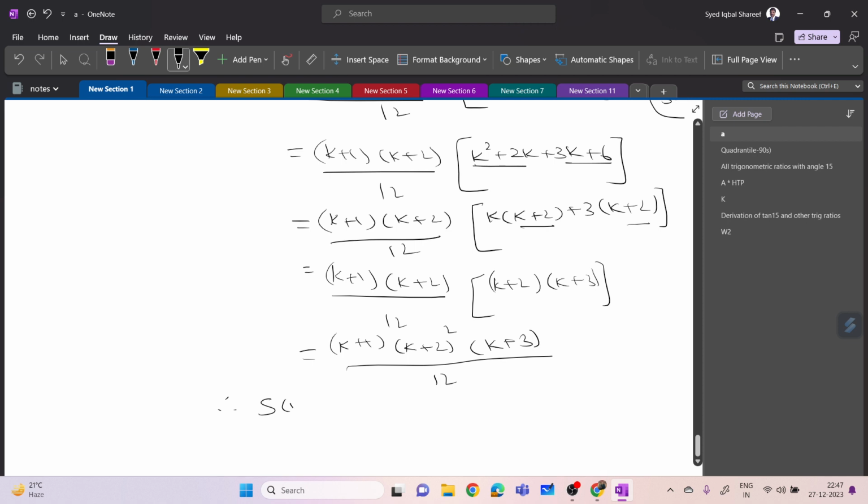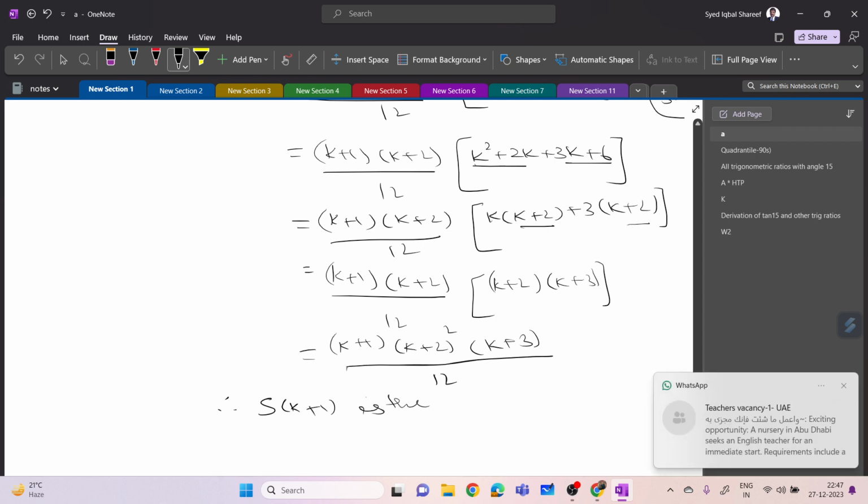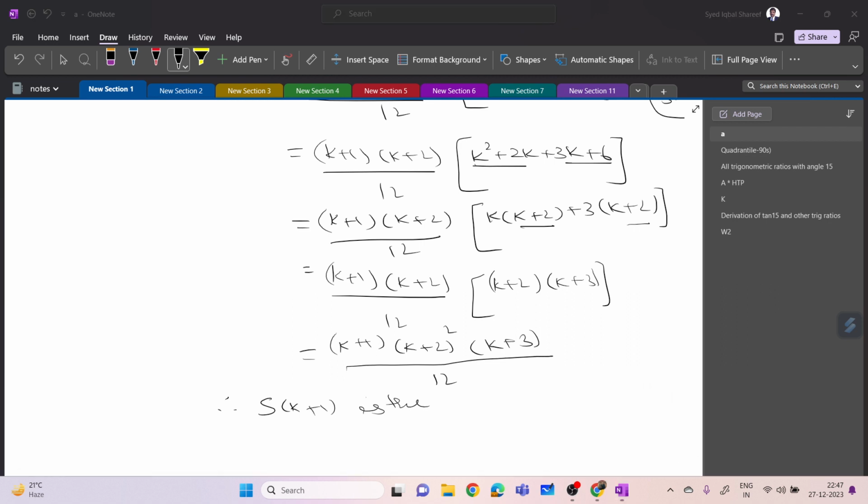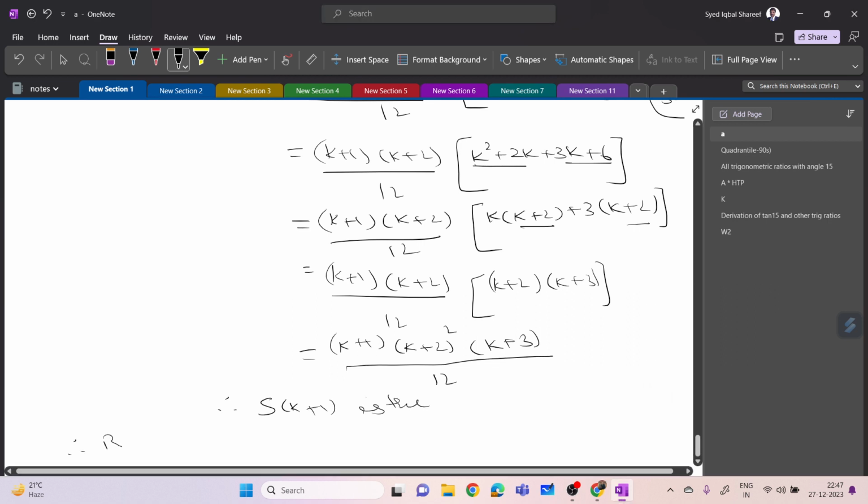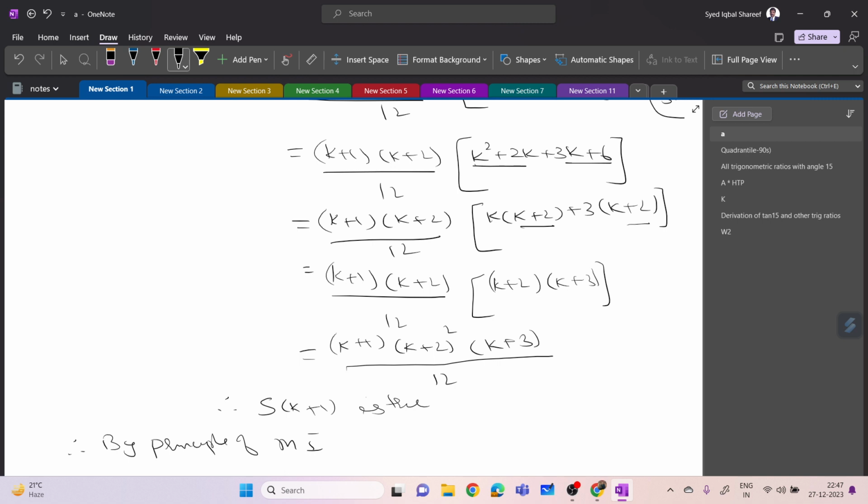Therefore, S of k plus 1 is true. Therefore, by principle of mathematical induction, S of n is true for all values of n.